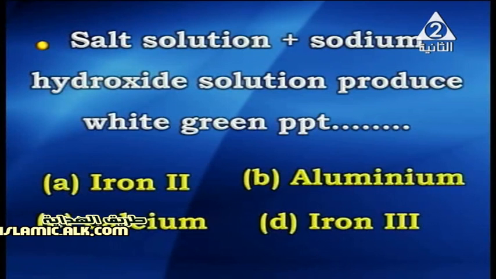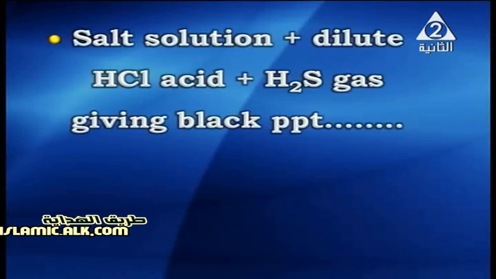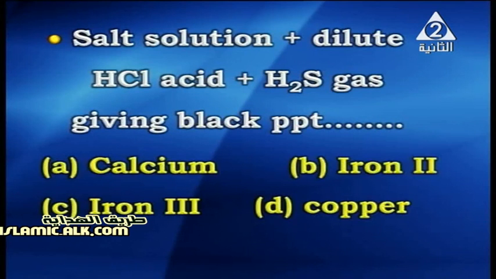Is it iron 2, aluminum, calcium, iron 3? Yes, it will be iron 2. Next one, salt solution plus dilute hydrochloric acid and hydrogen sulfide gas giving black precipitate of what? Is it calcium, iron 2, iron 3, copper? Yes, it will be copper.